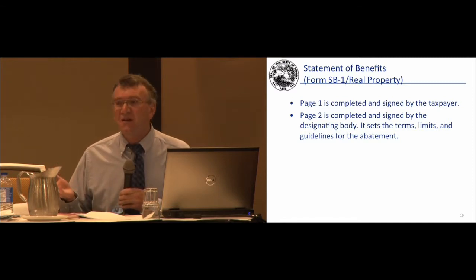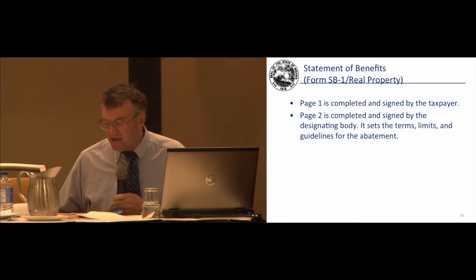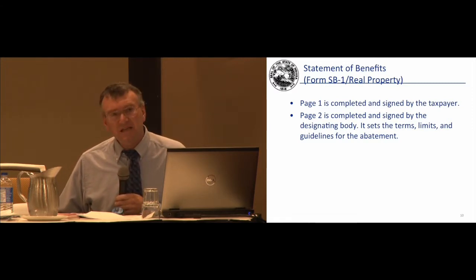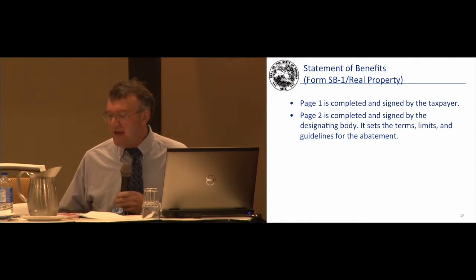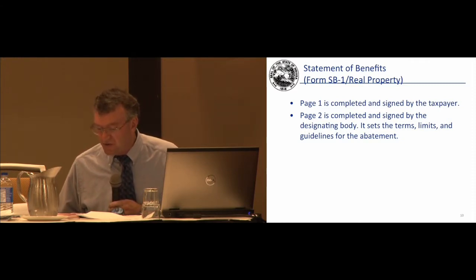A lot of times they're not there, and that's fine. But if the designating body desires them to be there, they have the right to create those kind of limitations and conditions. Letter E, that's simply where the designating body is giving somebody a 1 through 10-year abatement deduction, and that lets the county auditor know which table of deduction percentages to use.